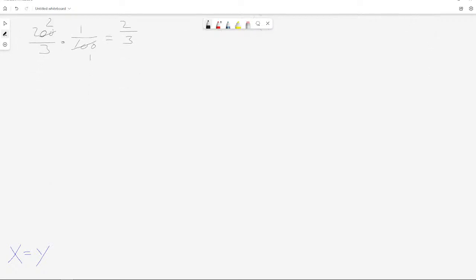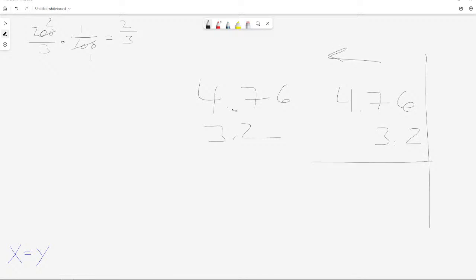Remember, doing multiplication, if you have 4.76 and you're multiplying it by 3.2, you don't line it up. You want to do it like this. So you want to just basically have a wall here and then line everything up going this way. Do the multiplication problem as you would.